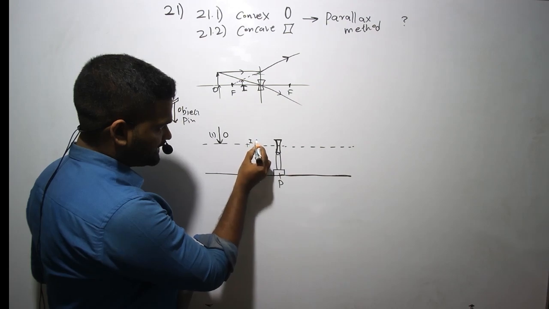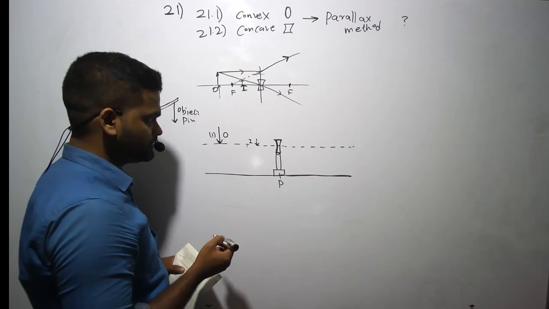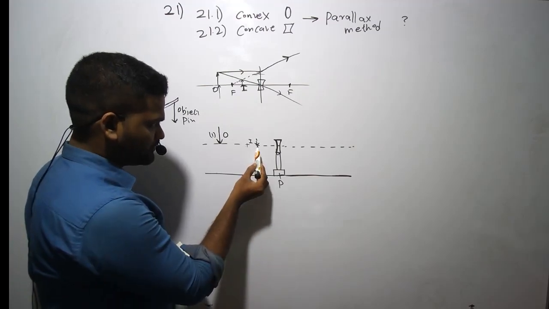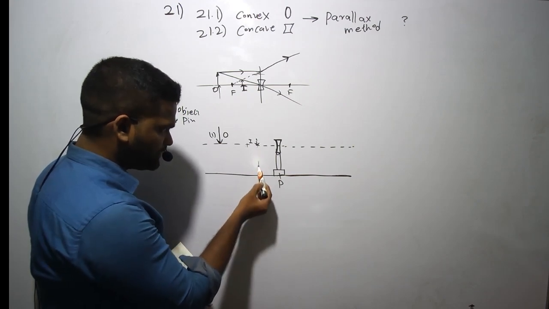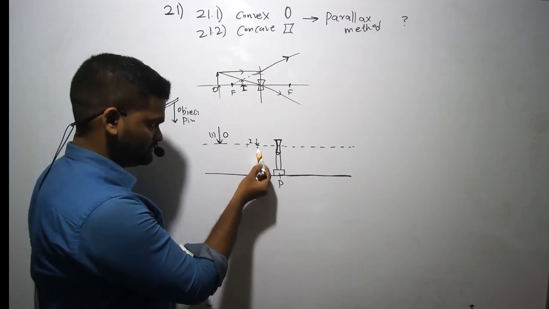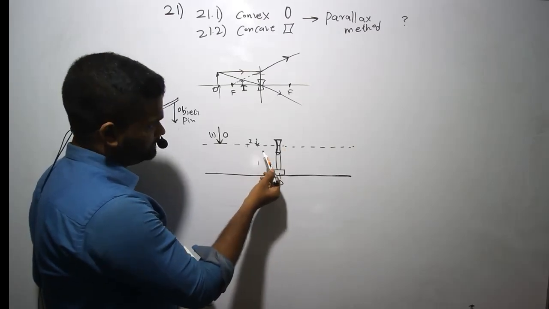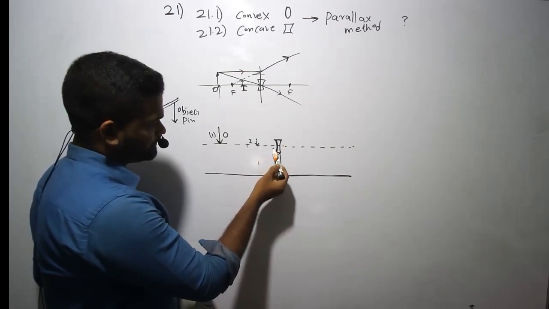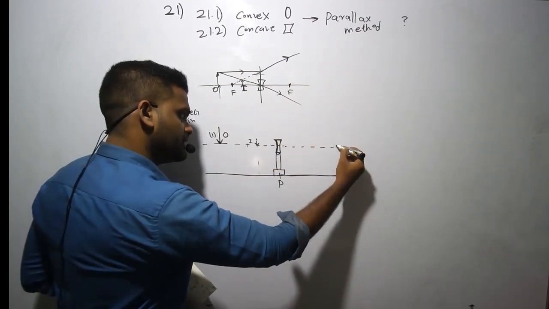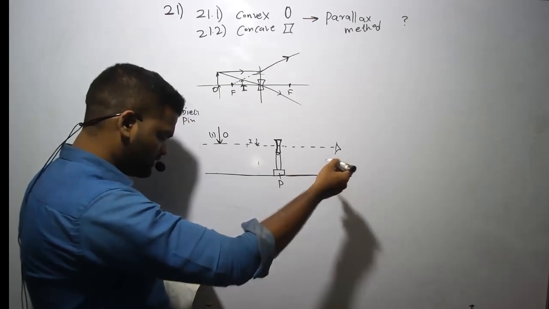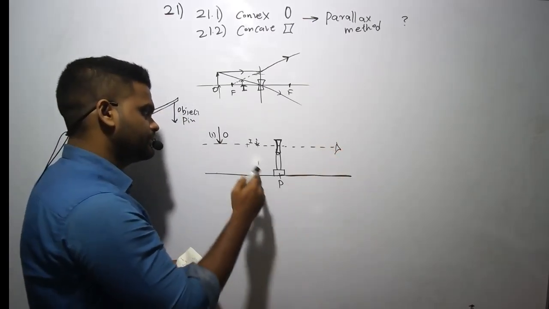So we need to detect the position of this image. To find that, you cannot place an optical pin here, because the image of this optical pin also will be formed. So you are seeing two images from this side, and it is going to be confusing, right?